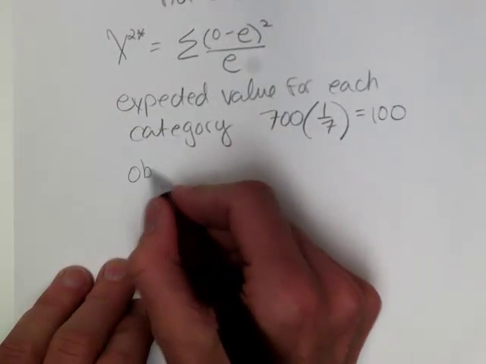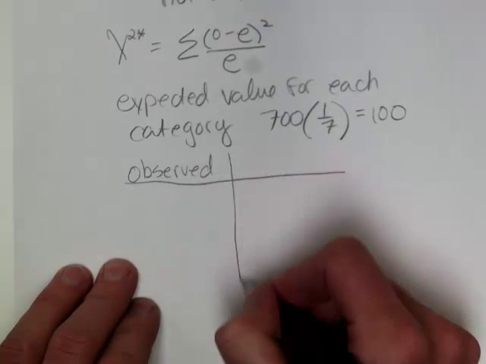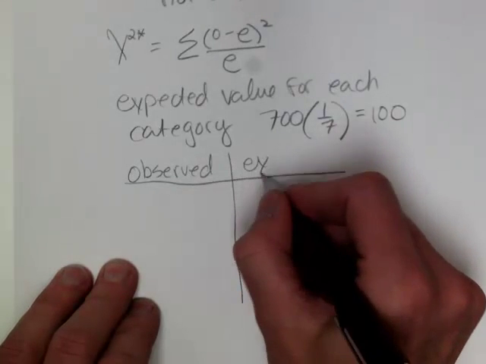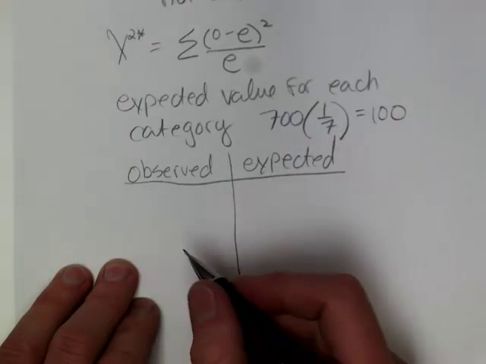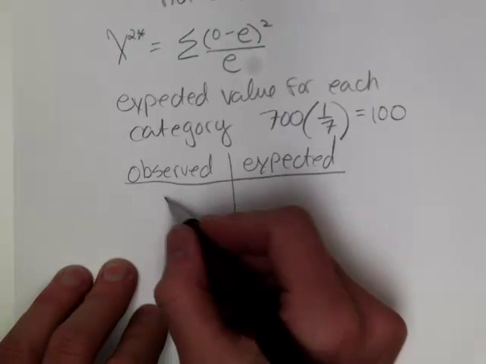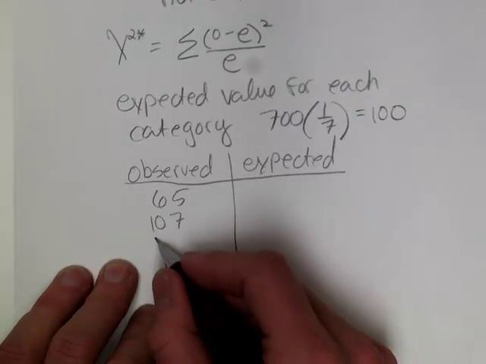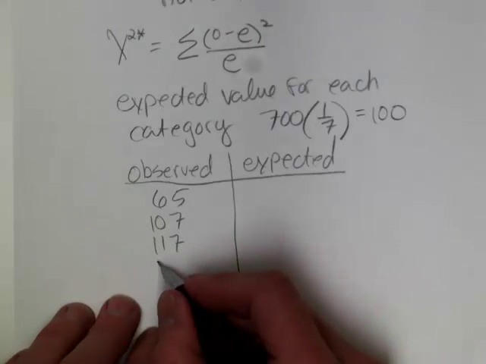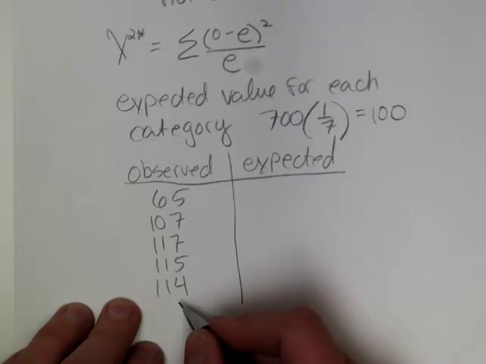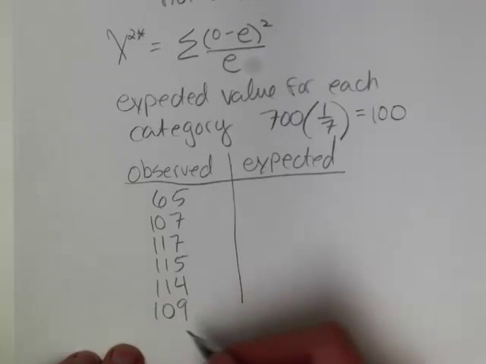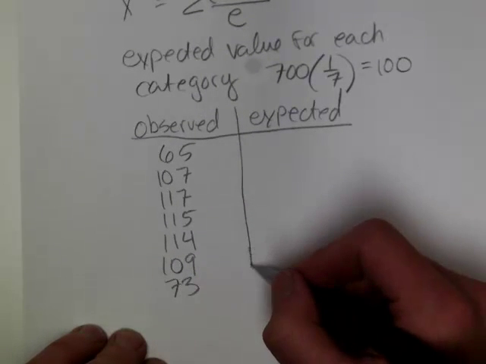So let me generate a little table here of the observed and the expected. For Monday, the observed was 65, Tuesday was 107, Wednesday was 117, Thursday was 115, Friday was 114, Saturday was 109, and Sunday was 73.